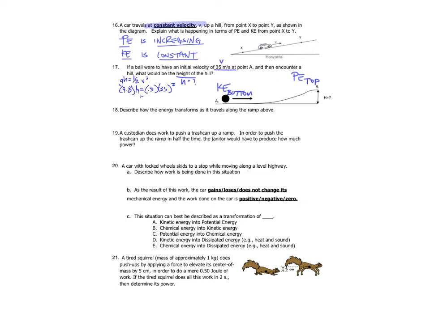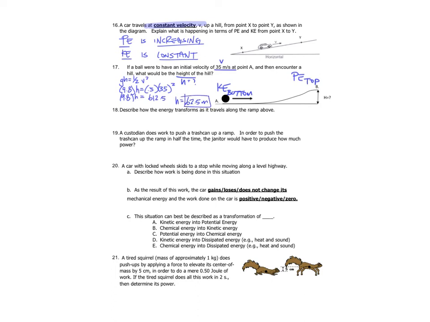So if I continue to solve this, 35 squared times 1/2 gives me 612.5 equals h times 9.8. So in order to get h by itself, it's being multiplied by 9.8, I need to divide by 9.8. So 612.5 divided by 9.8 gives me a height of 62.5 meters.